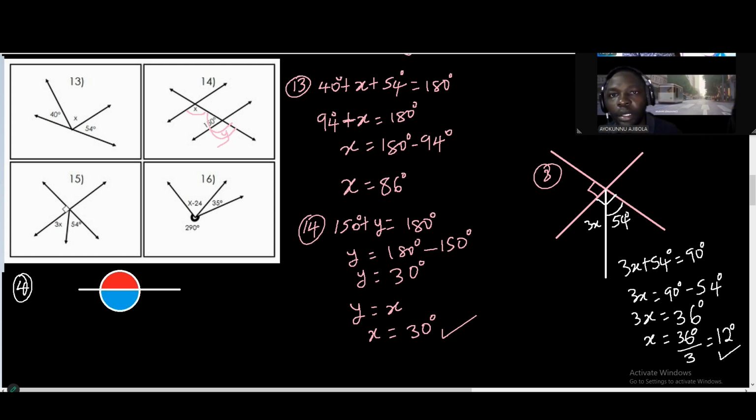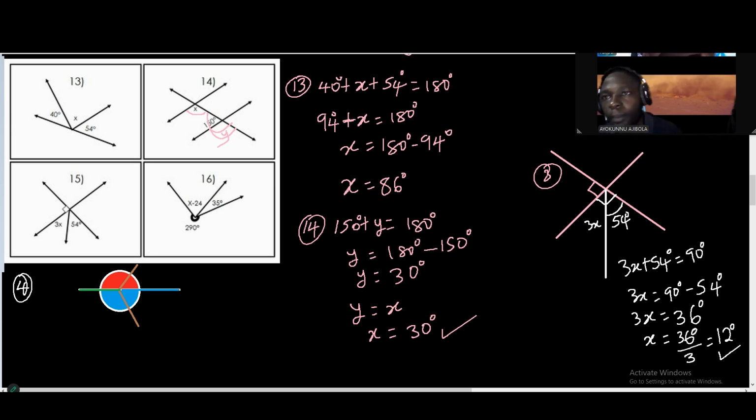So it doesn't matter how many divisions you made, or how you divided the angles. Let me say this is also another part of the division, and let me use another color for that one. Then this is also another part of the division here.